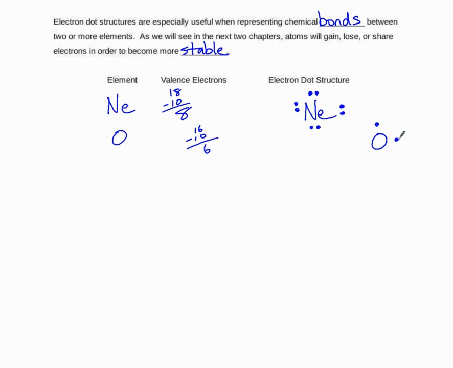Then I draw my 6 valence electrons. There are my 6 valence electrons. A few more. Nitrogen, we find it in group 15, which means it has 5 valence electrons. Here's my nitrogen, 1, 2, 3, 4, 5.